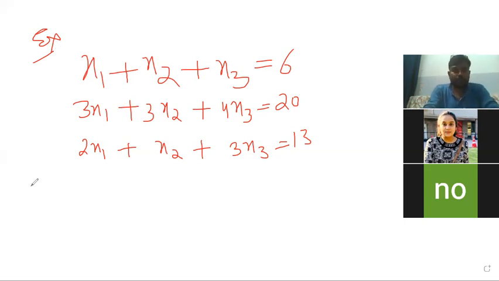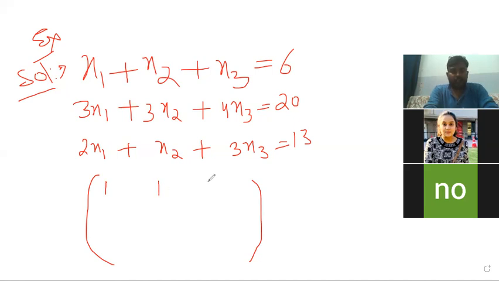Here, how to solve? See, the solution starts from here. When the question comes in the examination, you write down this equation, and after that you write down the problem in this form. You know the coefficients of x1 are 1, 1 and 1, and here 3, 3 and 4. I hope you understood why we are writing these numbers.